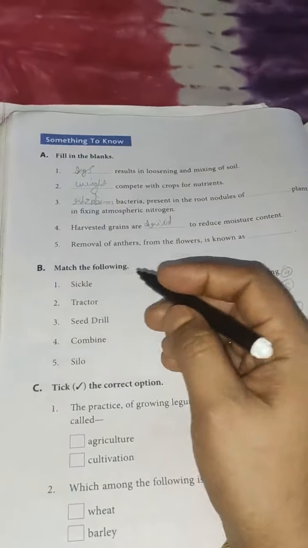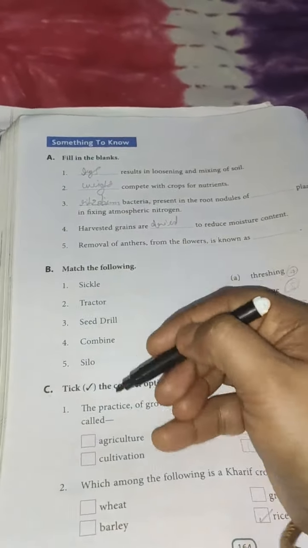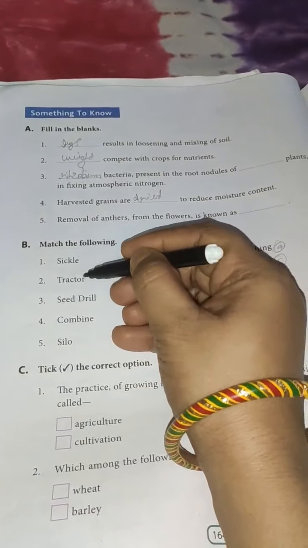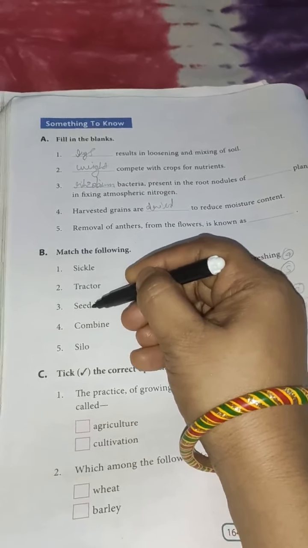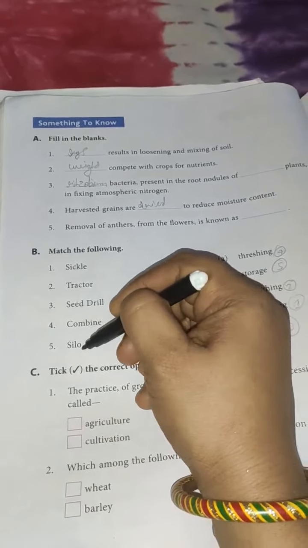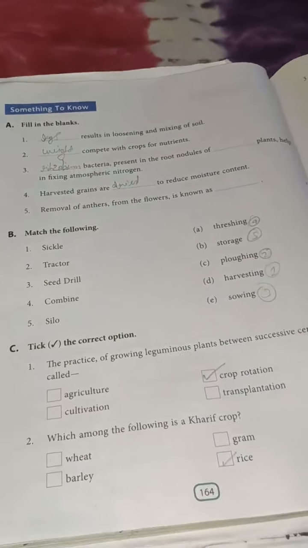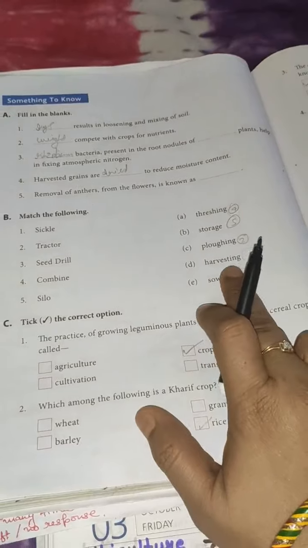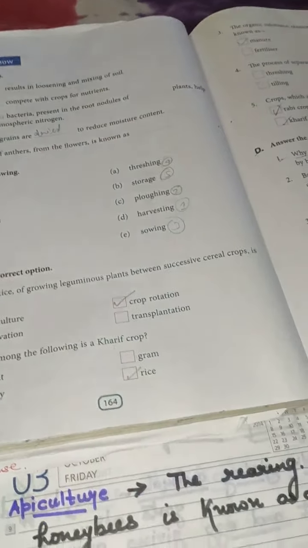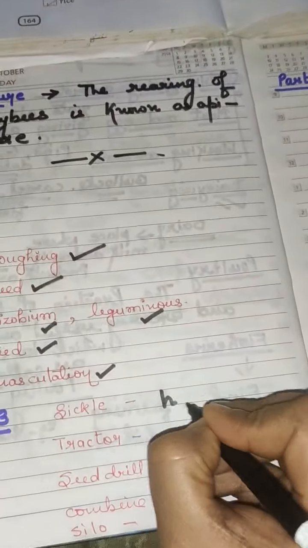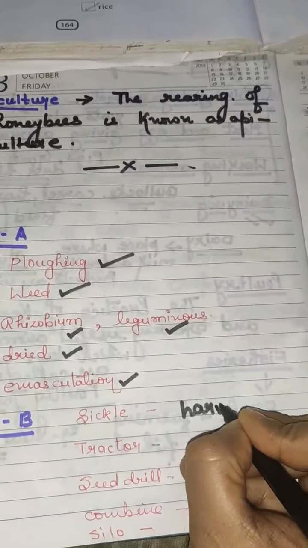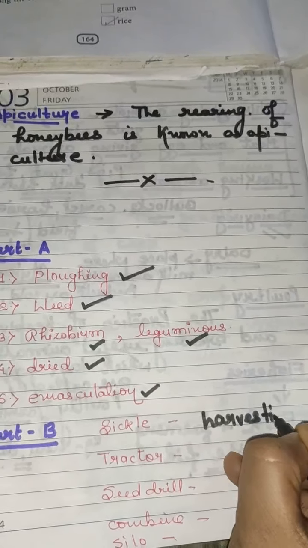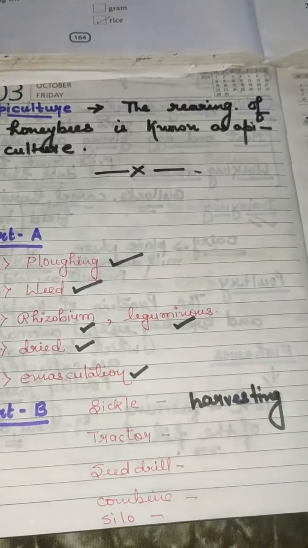Now the next one, match the following. On one side we have sickle, tractor, seed drill, combine and silo. Sickle is an implement which is used to harvest. So write down harvesting. Number 2, tractor.